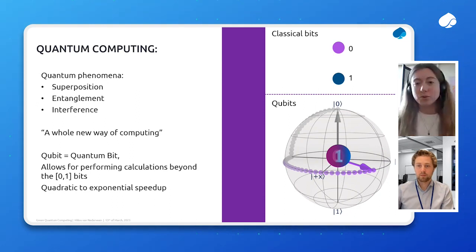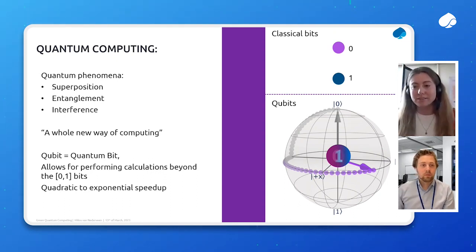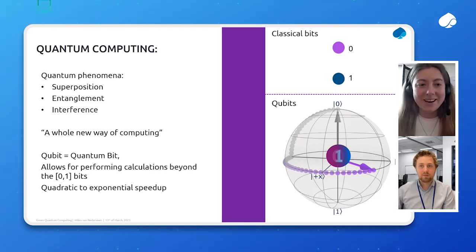This creates a new way of computing because you have all those states in between, and also uses the phenomenon of entanglement because you can create relations between two different states. So for example, you can state that one is always a 0 and that the other one has to always be a 1.